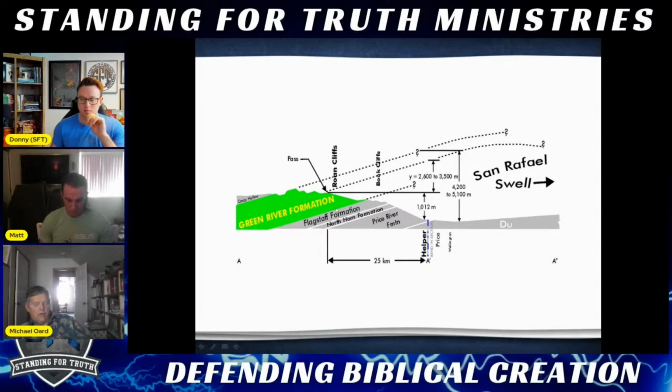These tilt down to the north about 8 degrees. So by trigonometry, that's what I arrive at. And even to the north, there's about 2,000 feet of erosion in here.